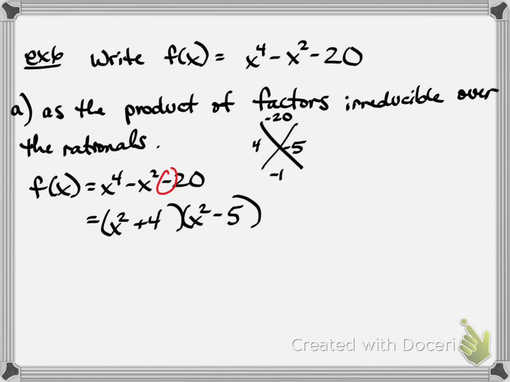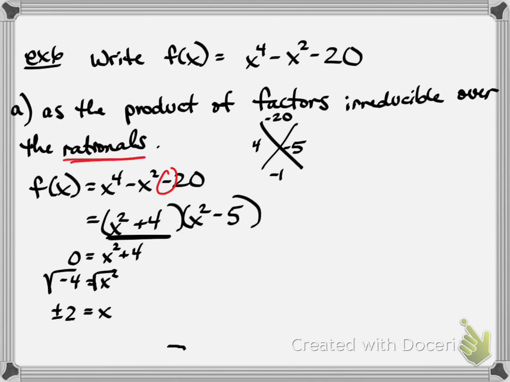We want this to be irreducible over the rationals. So were we to keep going, and we set the first factor equal to 0, we get that imaginary answer. So I can't break this one down and keep it rational.